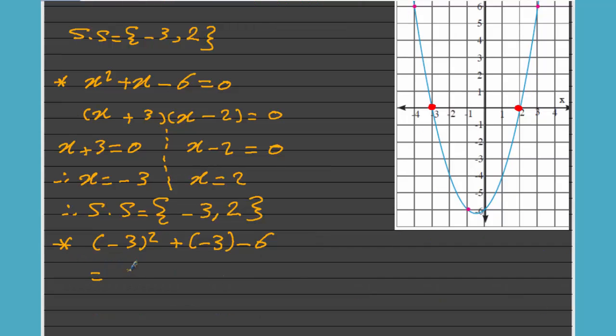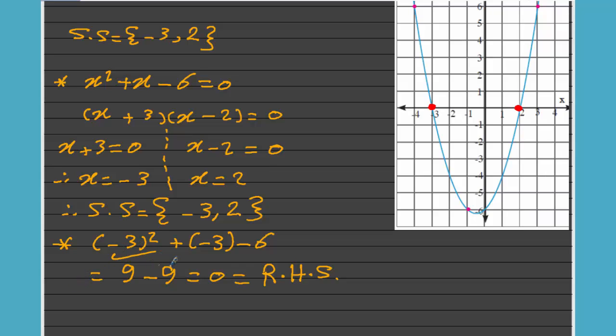Negative 3 power 2 equals positive 9, minus 3, minus 6, it is negative 9. So the result equals 0, which equals the right hand side in the equation. So negative 3 is a solution.